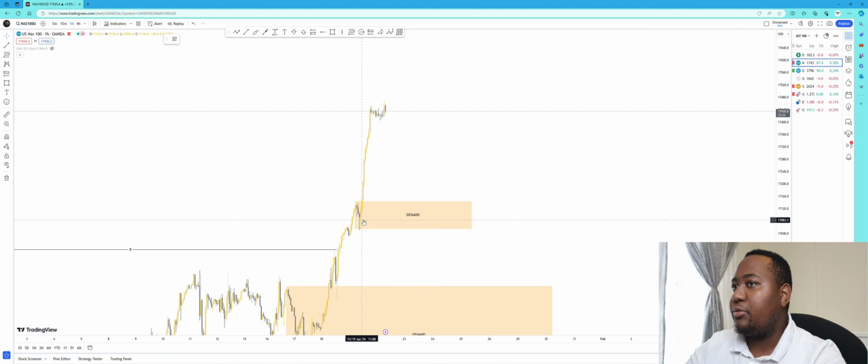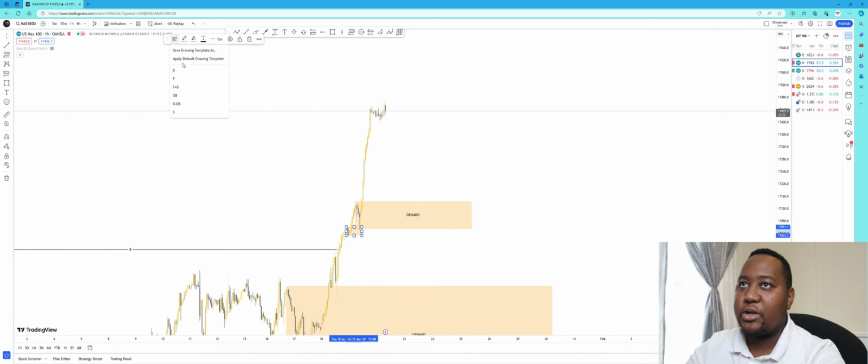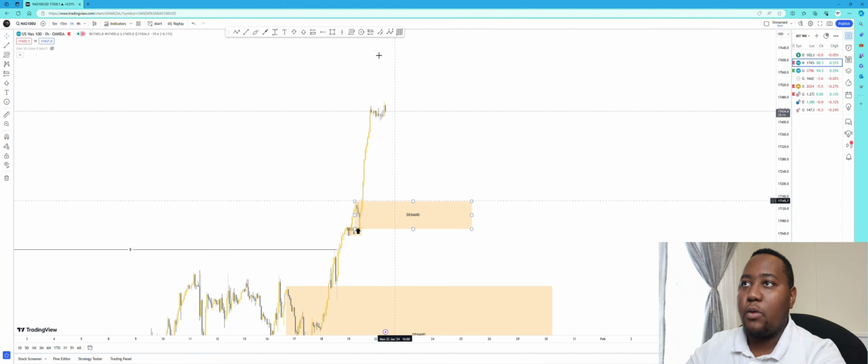It was a small pullback, but after this demand was created, we can clearly see that the market went all the way there. It was affected via the small demand level that gave it that push. As you can see, it tapped into the small demand over here that was created through a small pullback, and then definitely now we can have the market rallying all the way up.